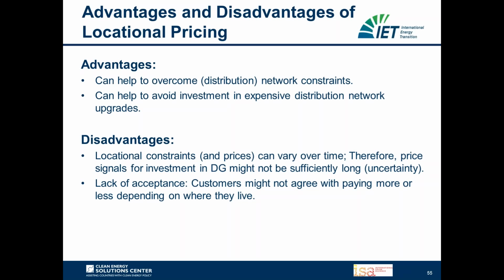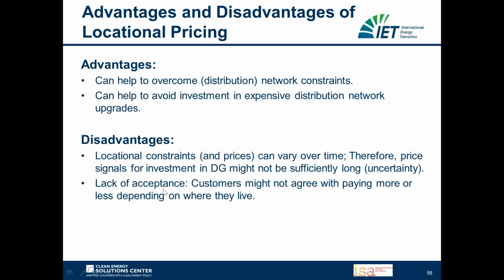And since these locational price incentives can appear or disappear depending on grid upgrades and also the development of the electricity system as a whole, also depending on demand, this might create a certain uncertainty, and it is not clear whether these pricing signals alone will actually trigger investment in distributed generation and solar PV in particular.